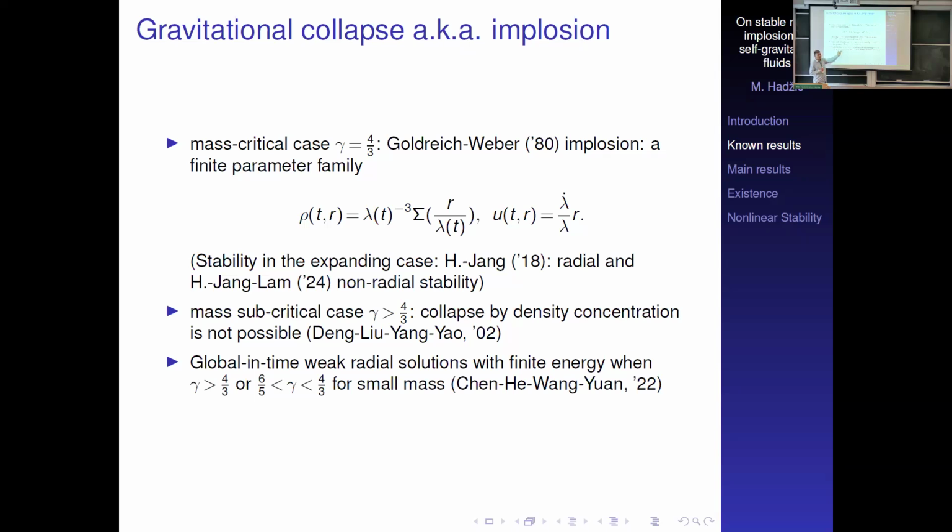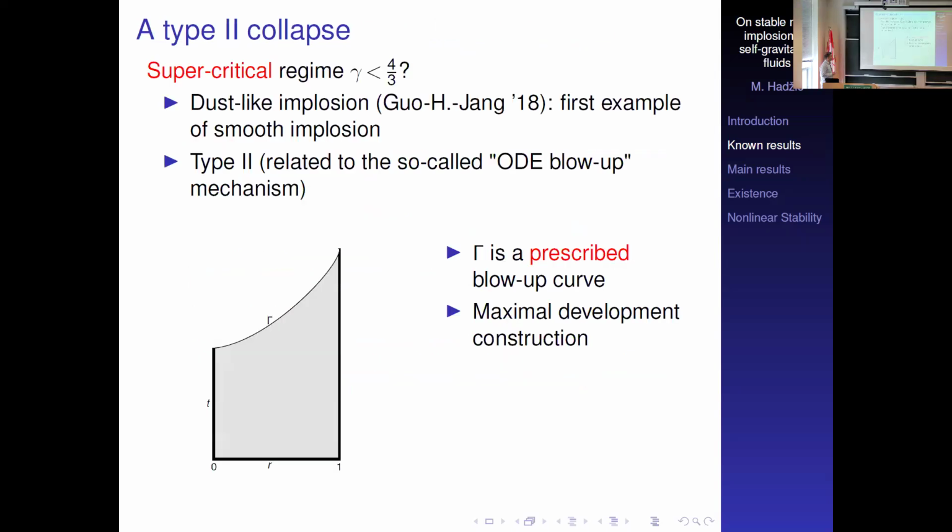And you notice even in this theory, the value of gamma in its relation with respect to the two criticality exponents is important. So that briefly concerns the discussion around the subcritical and the critical case. So the question you want to ask is, what happens if I go supercritical, namely gamma below 4/3? That's the question.